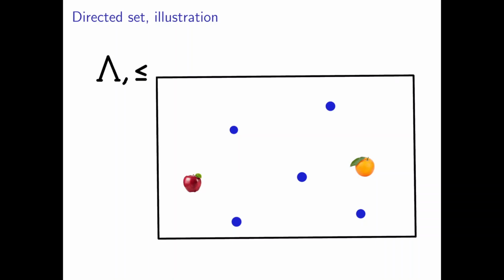Well, if every element has an upper bound, instead of just having that every pair of elements has a common upper bound, what we're really saying is just that if this apple, well, it's less than or equal to itself, so we're really not saying anything if we just demand that every element in the set has an upper bound.